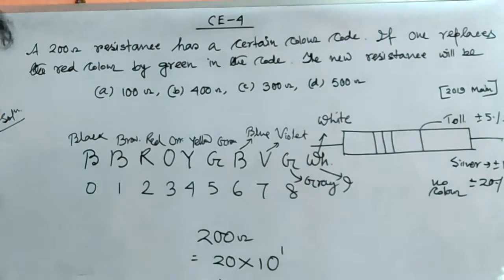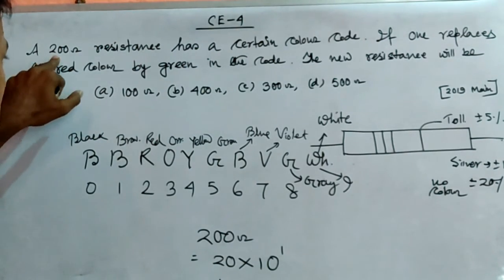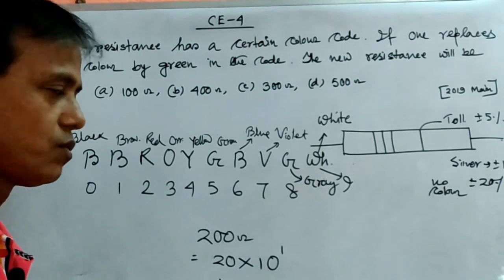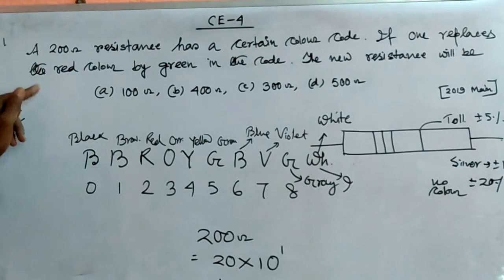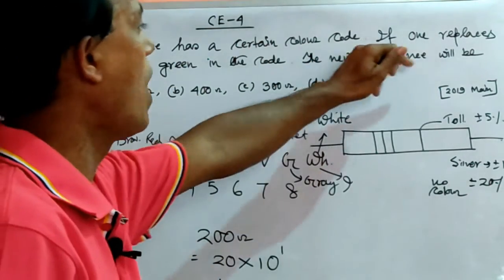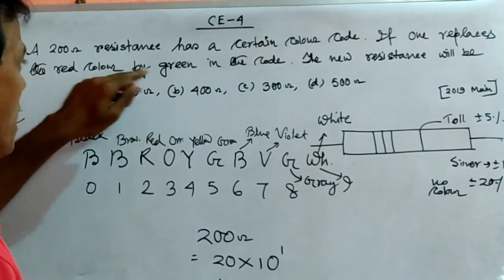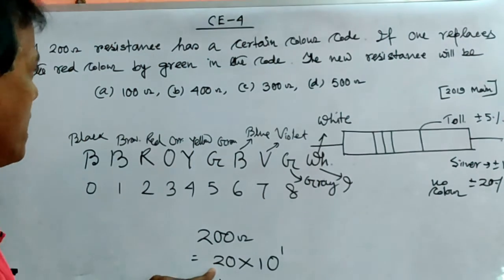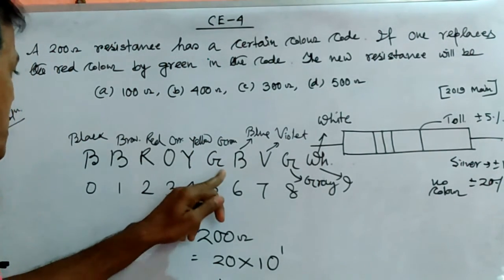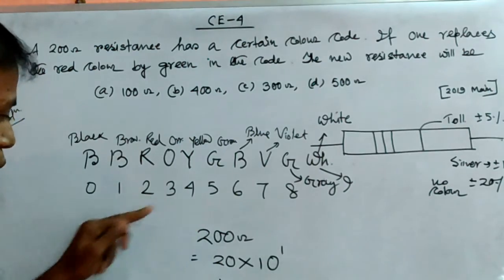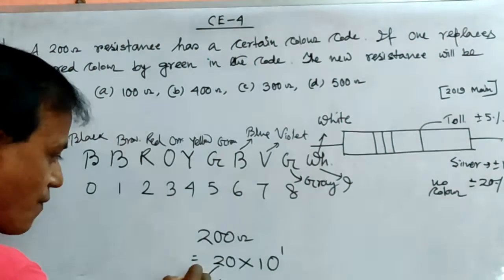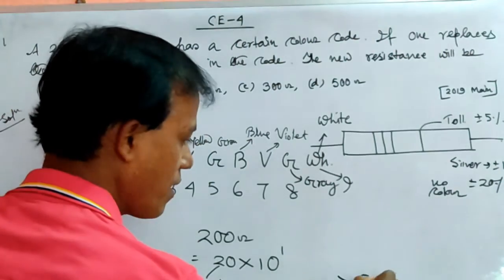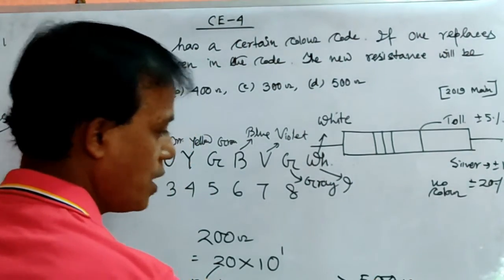So the color of this resistance, having 200 ohms, is red, black and brown. Now, if we replace red by green, green means 5, so the resistance becomes 500 ohms.